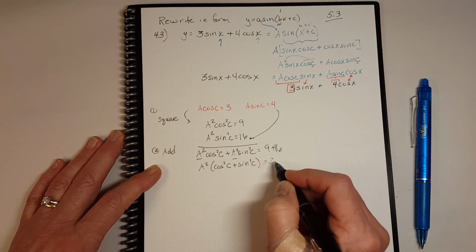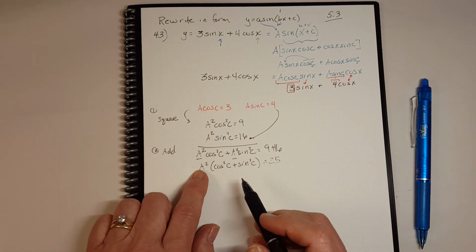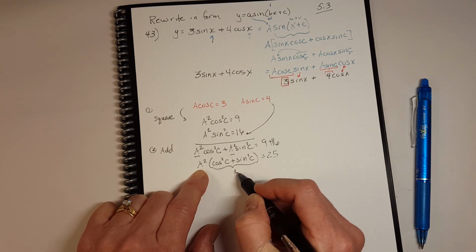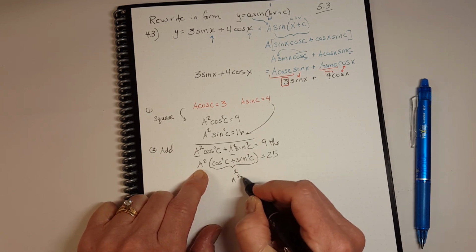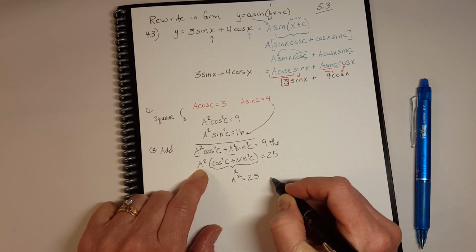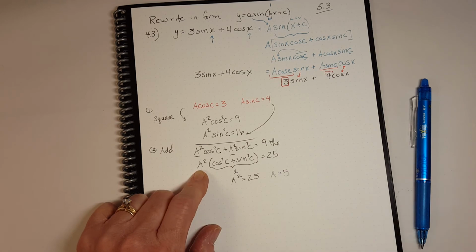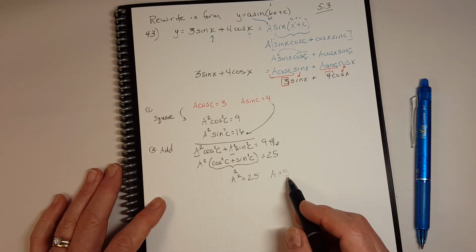Oh, that should have been a 16, equals 25. So I factored out the a squared, and now this is a Pythagorean identity equal to 1. So I have a squared is equal to 25. So a is equal to the square root of 25, which could be plus or minus 5, and I'm going to pick the plus 5.